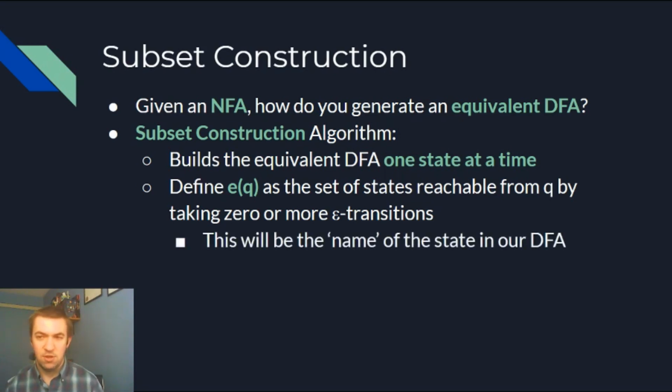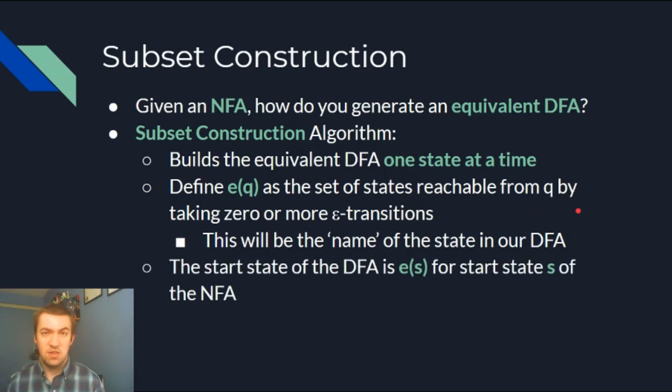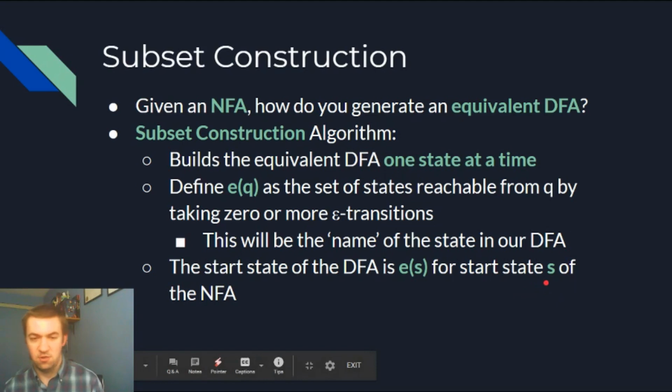So when we're building our DFA, we're going to be naming our new states the sets of states that are equivalent in our NFA. And we'll see in a little bit exactly how this works. The starting state for the DFA is the E of S, where S is the start state of the NFA.